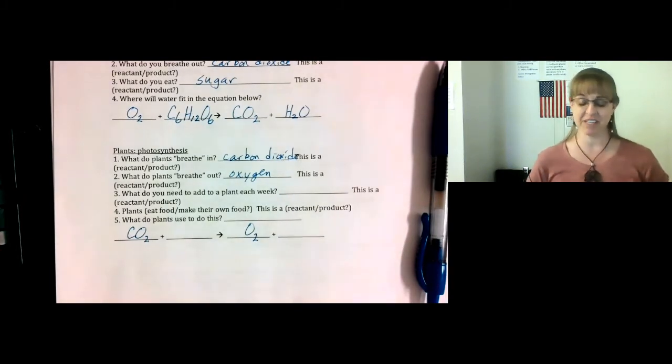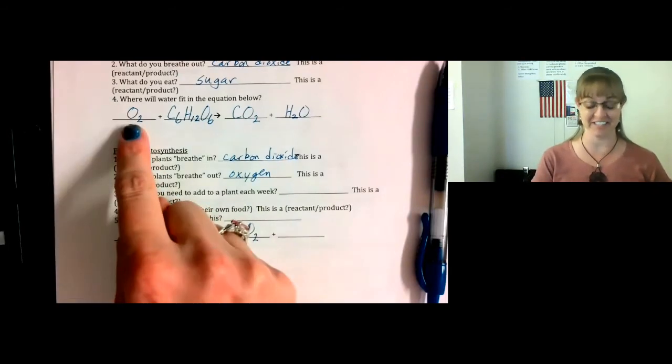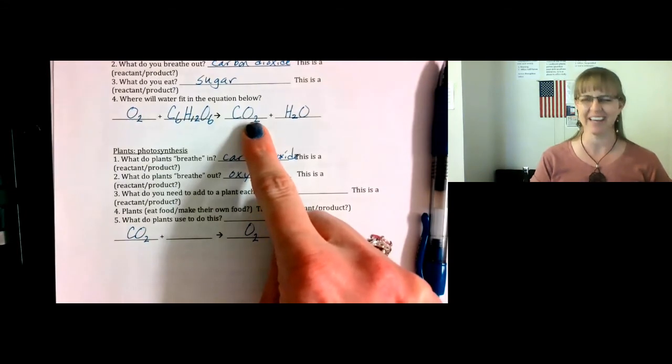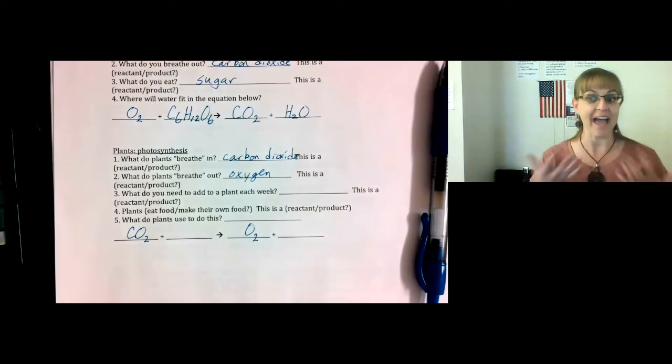They can't use it. It's worthless. They give it off. They don't want it. To you, oxygen is essential. And carbon dioxide is a waste product. It's not like nasty waste like poop. It's just a gas that you can't use. It's not poisonous. Carbon monoxide is poisonous. That's what gets produced when you burn something indoors and you don't have enough oxygen.